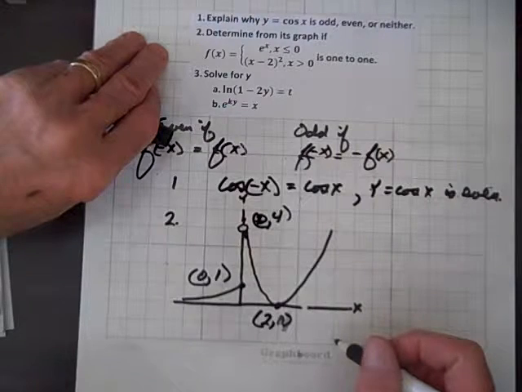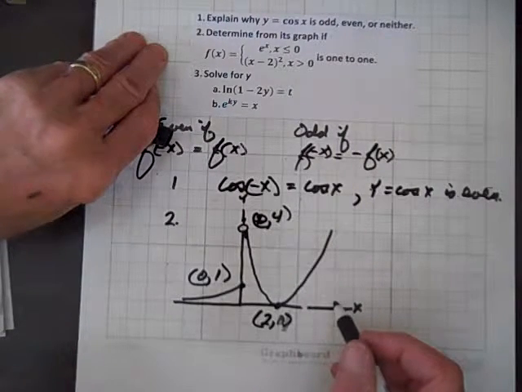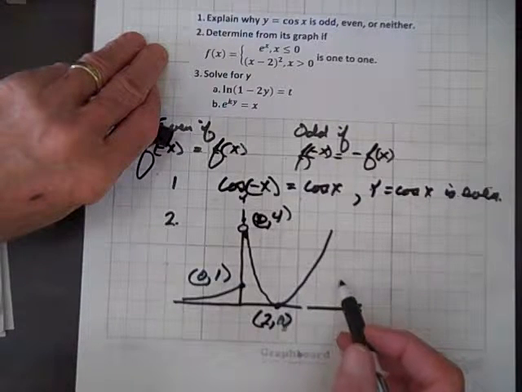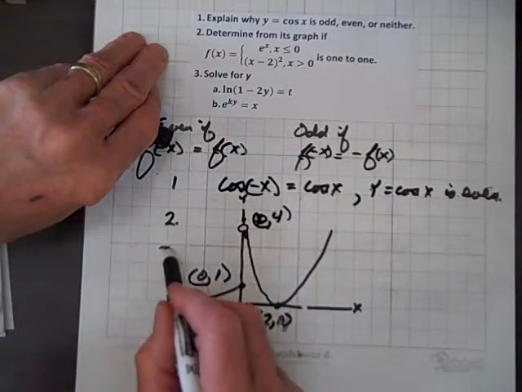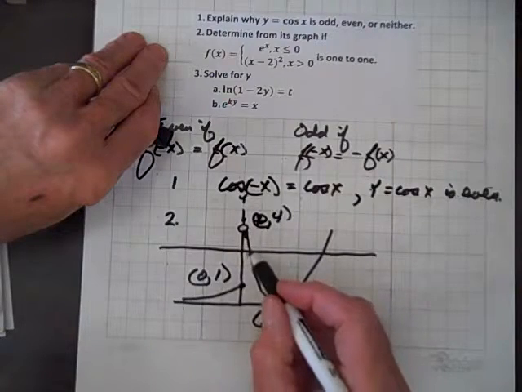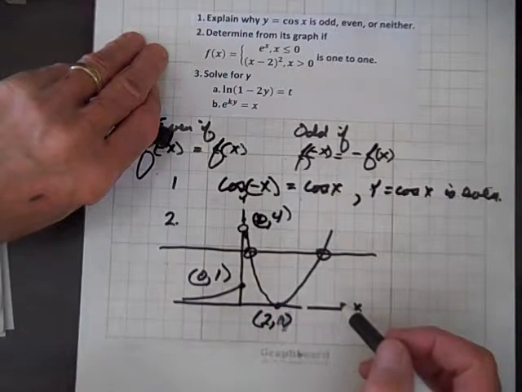Now, the question is, is this function 1 to 1? Well, to be 1 to 1, it must satisfy the horizontal line test. I'll draw a horizontal line, and notice that it intersects this graph in 2 places.